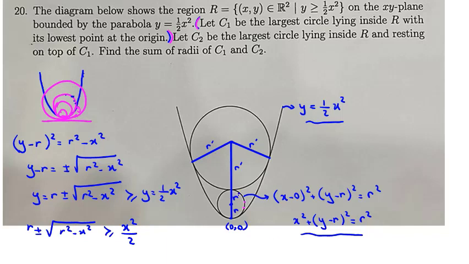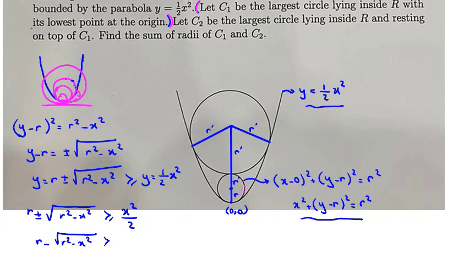Because for each x, we have two y values. The minimum one, the bottom one, is the minus sign. So r minus root of r squared minus x squared should be greater than or equal to x squared over 2. Okay, here we can say what?